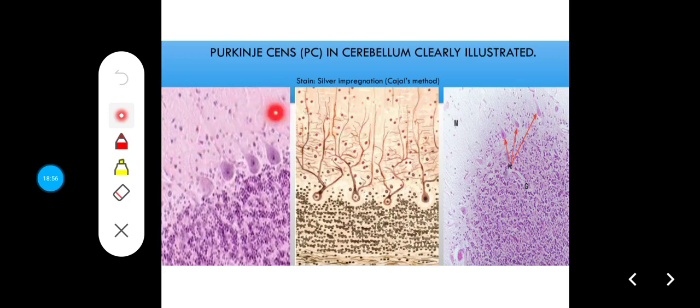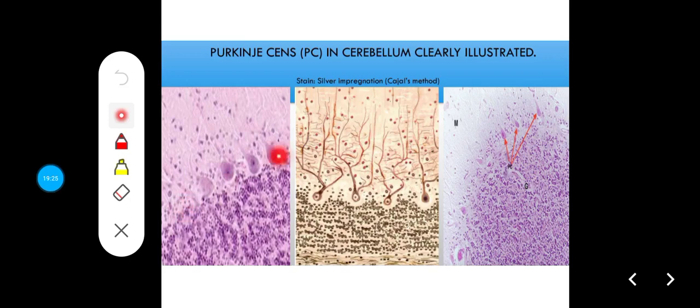So the more it stains with H and E, the darker the structures, which represent nuclei, the more the cells. Here you see a few dark nuclei, which means it contains few cells. Most of the cells here are stellate cells and then basket cells.